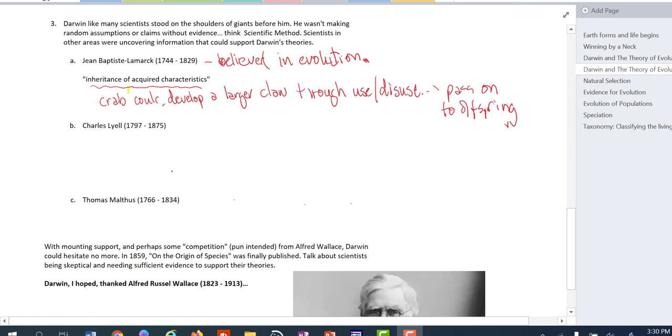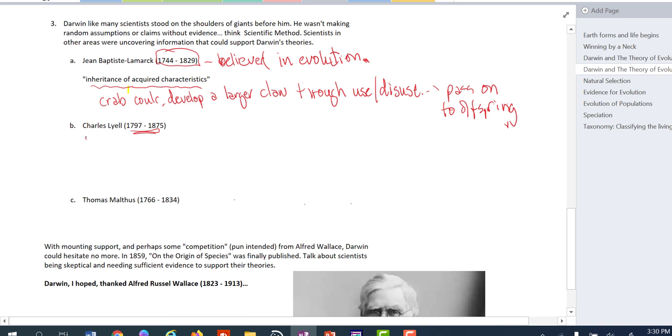Second guy to come along, and this is running more in line with Darwin's time. This guy's a little bit before or the beginning of Darwin's time, and Charles Lyell kind of runs through when Darwin is spending his decades of research.